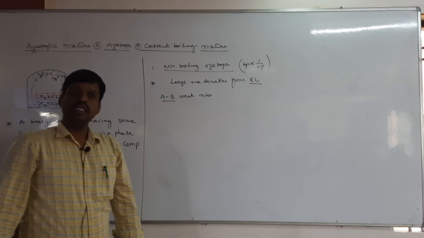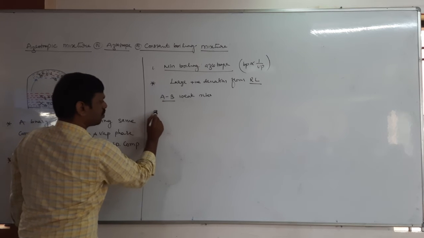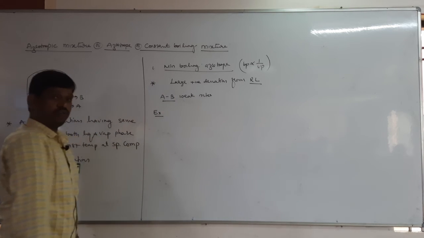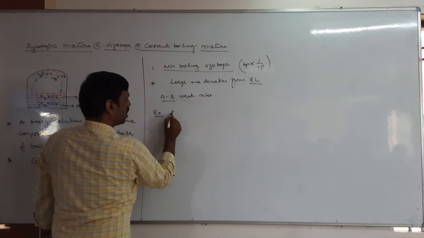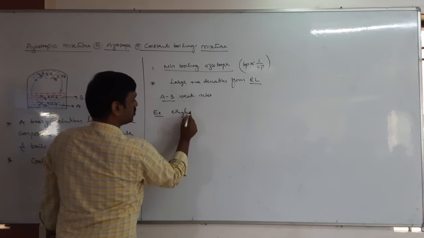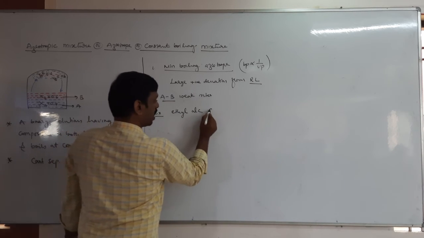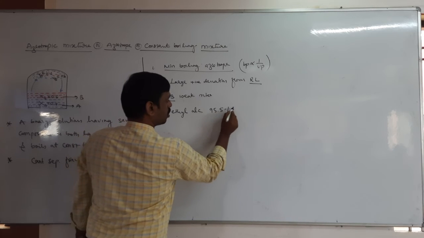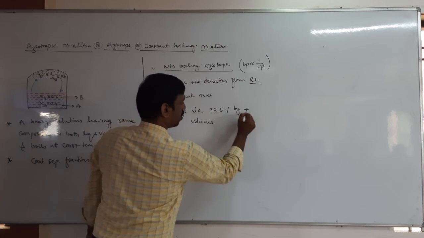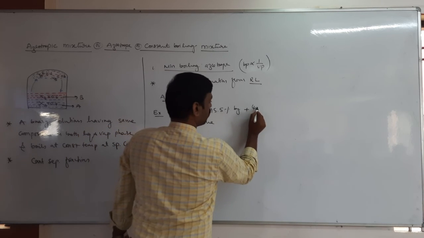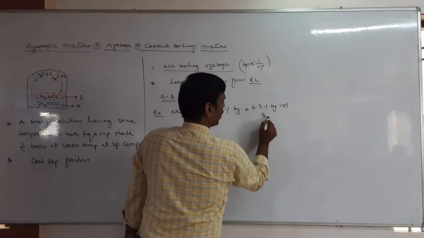Then what are the examples for minimum boiling azeotrope? You can take all the examples which we have written in positive deviation, right? So the best example is ethyl alcohol plus water. That too, ethyl alcohol is 95.5% by volume, plus the remaining is 4.5% by volume H2O.